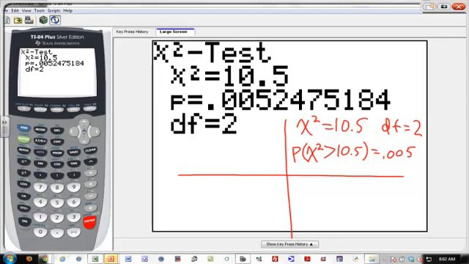In the independence version of this, our H0 claim was that treatment choice and relapse are independent, meaning they don't affect each other. Our HA claim in the independence version is that they're not independent, that treatment choice has an effect on relapse.